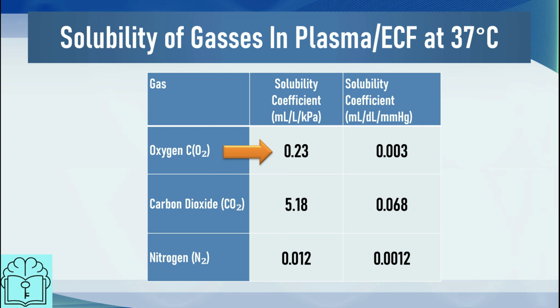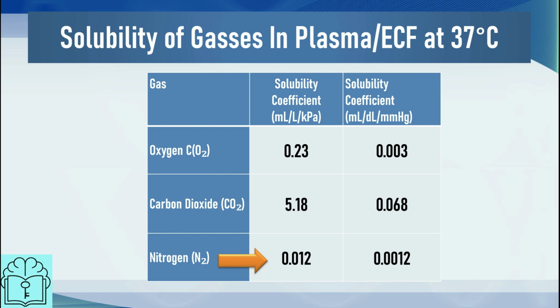0.003. Because kilopascals and millimeters of mercury are used throughout the world, sometimes interchangeably in different locations, in all of these tutorials I'm giving all of these numbers in both kilopascals and millimeters of mercury. You will note that nitrogen has a solubility coefficient of 0.012.